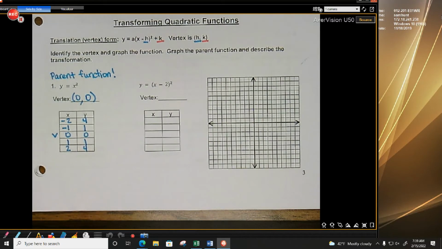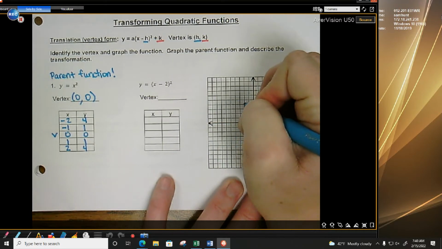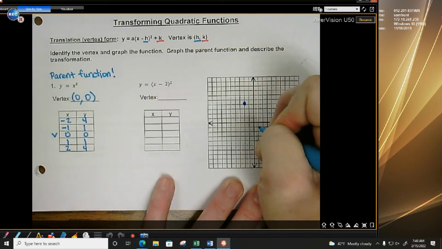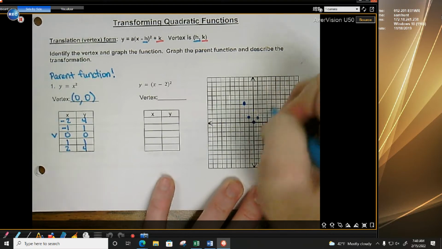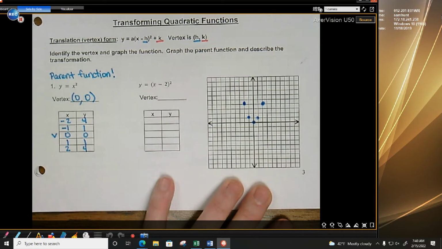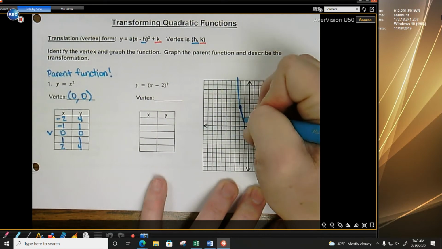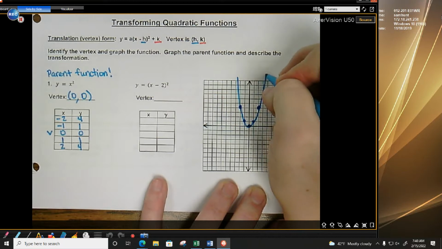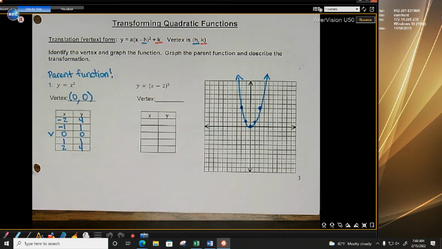Let's graph this. When you draw your parabola, make sure you extend it all the way through the graph, and arrows go at the end of your parabola.